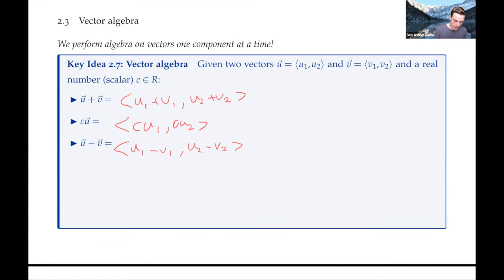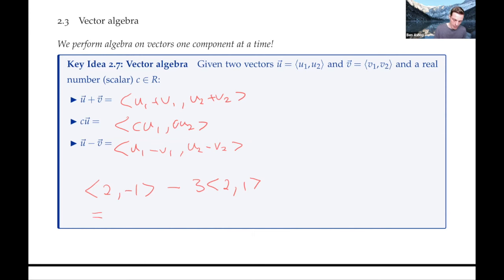For example, if we have two vectors here, one of them being 2, minus 1 and the other one being 2, 1, and we're going to multiply the second one by 3 and subtract it from the first.